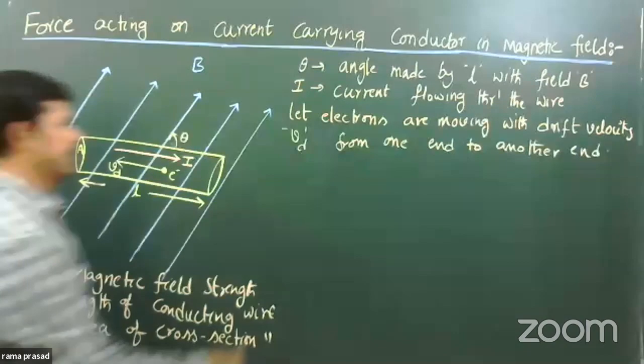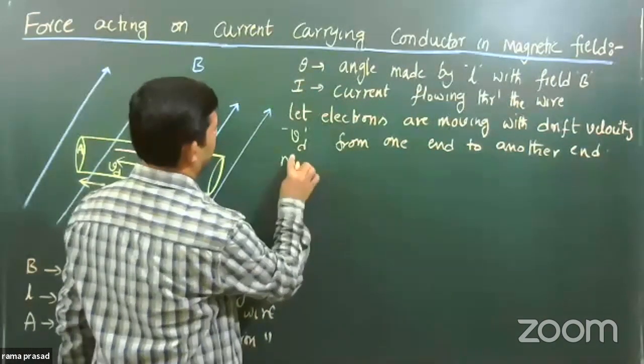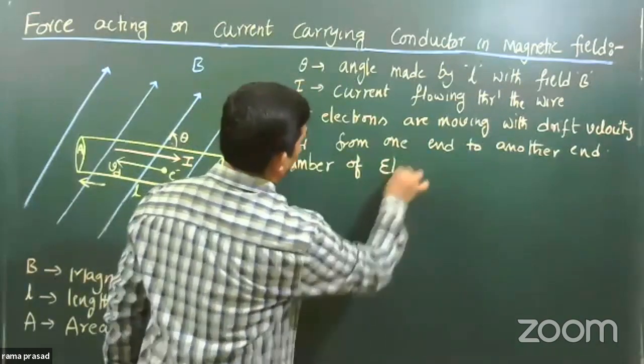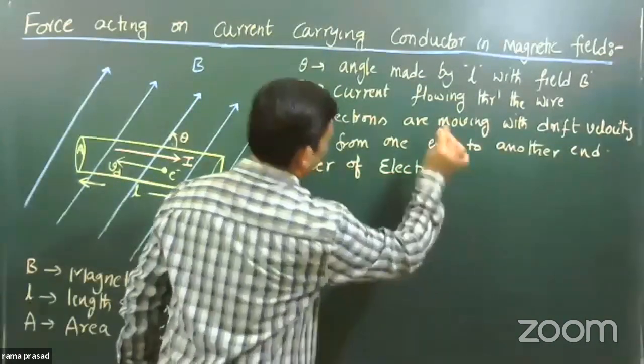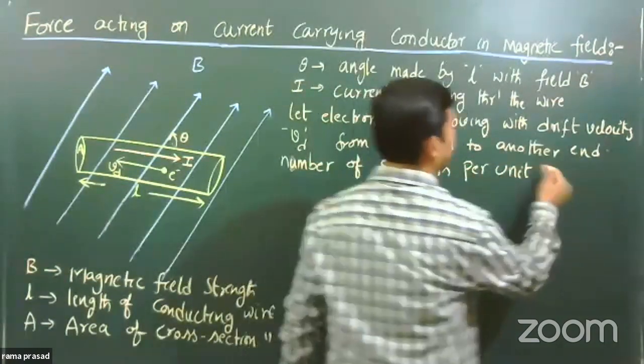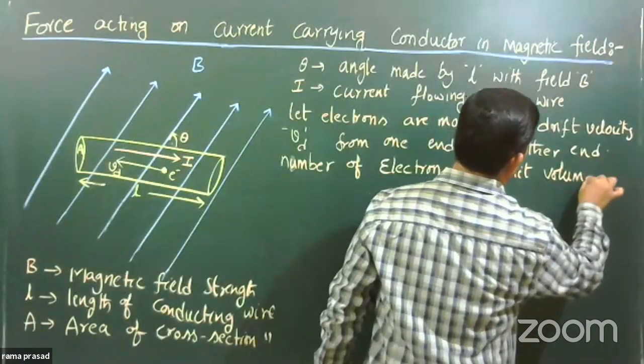In this conductor, let small n be the number of electrons per unit volume.